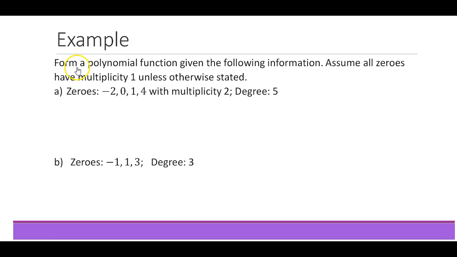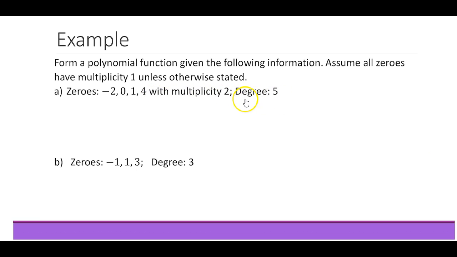In this example, we want to form a polynomial function given the following information. Assume all zeros have multiplicity 1 unless otherwise stated. So we want to form a polynomial in part A with zeros -2, 0, 1, and 4, but 4 has a multiplicity of 2.